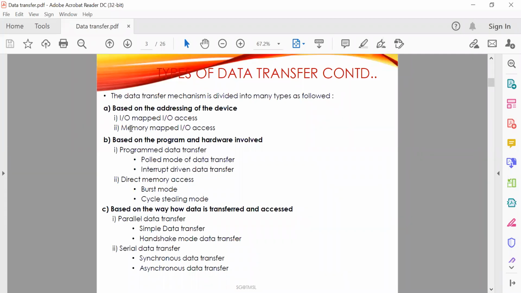And in serial data transfer technique, only one bit is transferred over a data transfer line, and all the bits in a data word can be transmitted by using a shift register and transferring the data bit by bit. Okay, so parallel to serial data conversion is done by a device called universal asynchronous receiver transmitter, or in short it is called the UART.